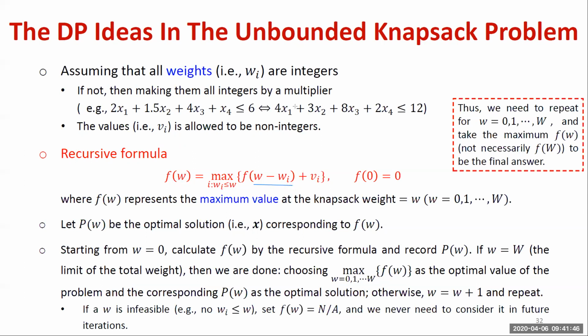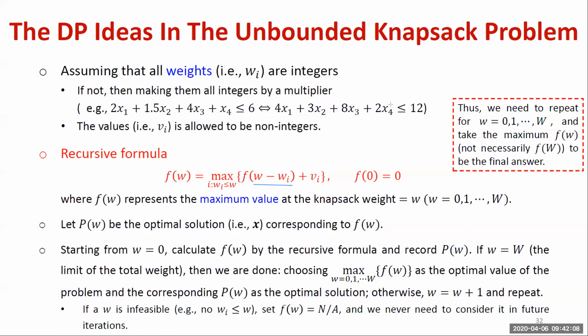For example, consider this. Your W1 equals 4, W2 equals 3, W3 equals 8, W4 equals 2. Suppose my W here equals 10. Now, let me ask you, how can you reach weight equals 10?